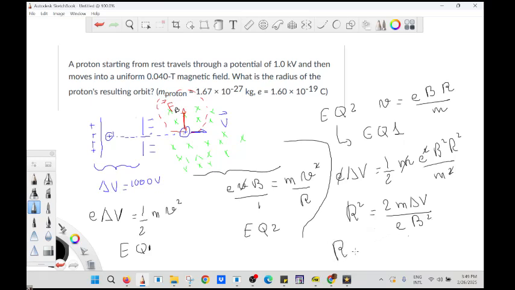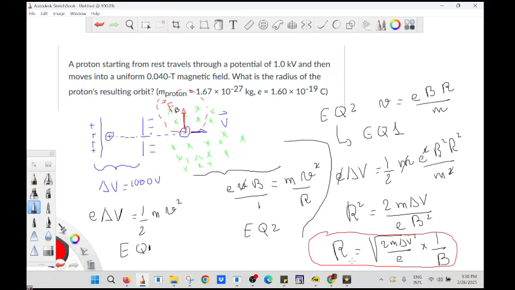So the radius, I take the square root. So it's going to be the square root of 2m delta V over E, where E is the charge of a proton, and here you can take B out of the square root. So just to do a little bit of exercise here, but you don't have to do it this way.